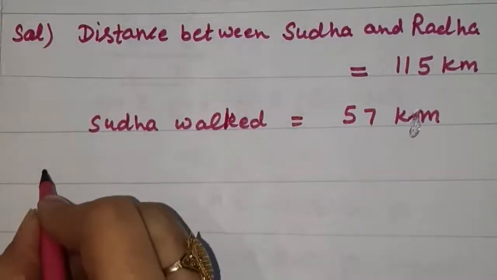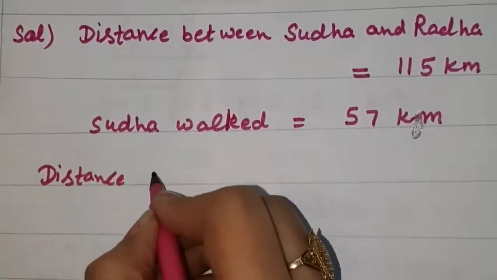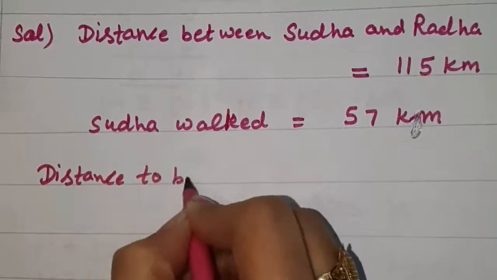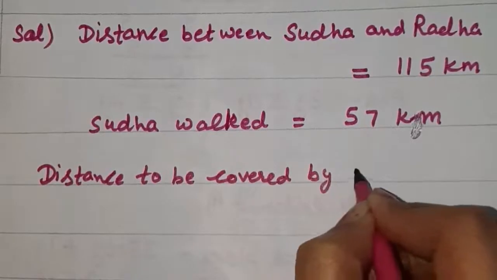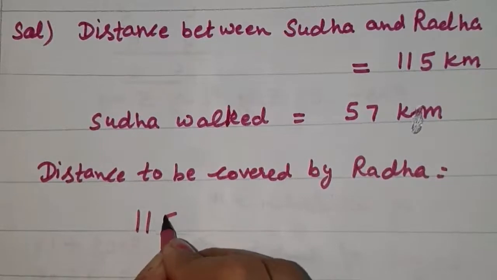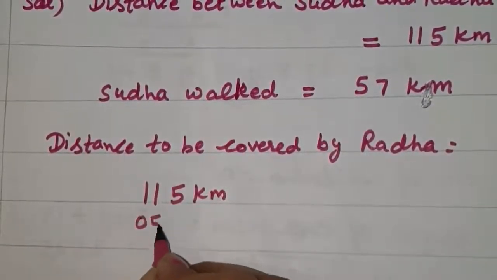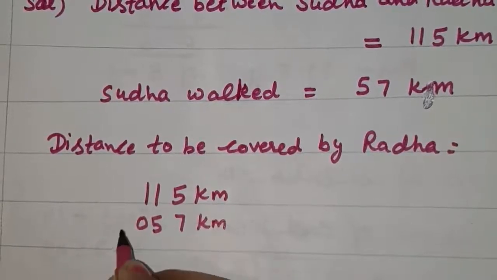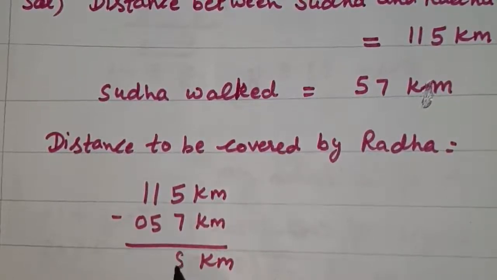Distance covered by, or you can say distance to be covered, because this distance has to be covered now, by Radha is equal to 115 kilometer minus 57 kilometer. 15 minus 7, 8. 10 minus 5, 5.